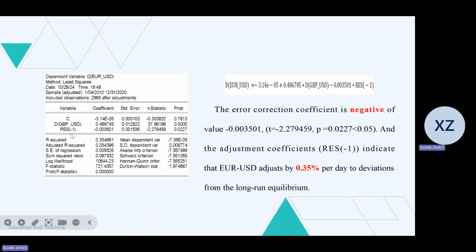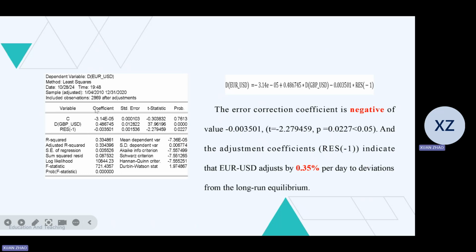The ECM model results are shown in this figure, and we can conclude that the error correction coefficient is negative.